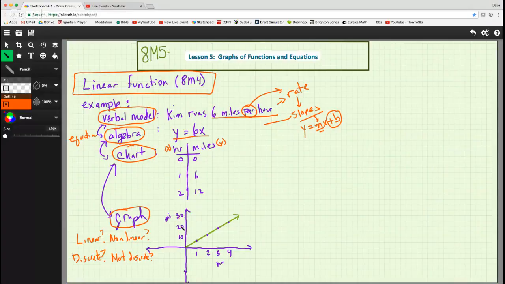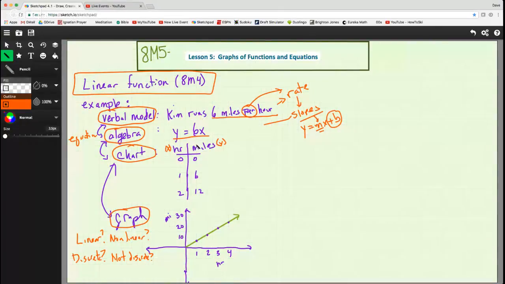Notice that my scale here is 0, 10, 20, 30, and 0, 1, 2, 3, 4 in hours and miles. Our hours go on our x-axis. And as we learned, time almost always goes on our x-axis. So this is our graph.